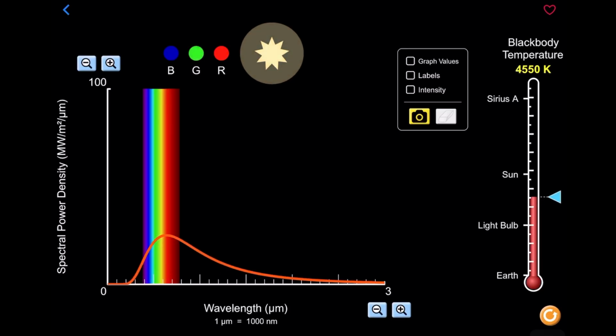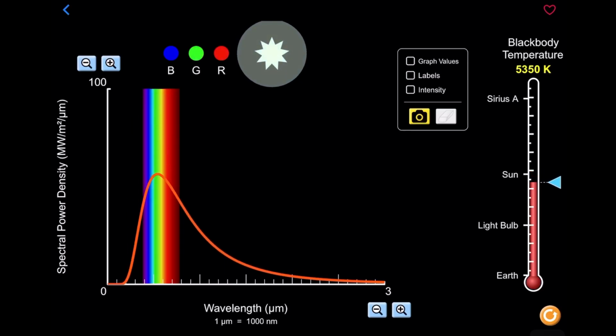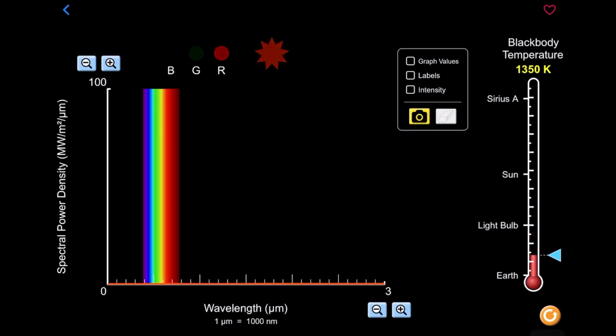If you increase the temperature, the wavelength decreases, and if you decrease the temperature, the wavelength increases. That means any object with a very high temperature will be emitting light of shorter wavelength, towards violet and indigo in the VIBGYOR spectrum. And any body which is less hot, like a light bulb or the earth which emits radiation, will shift its wavelength towards the red spectrum.